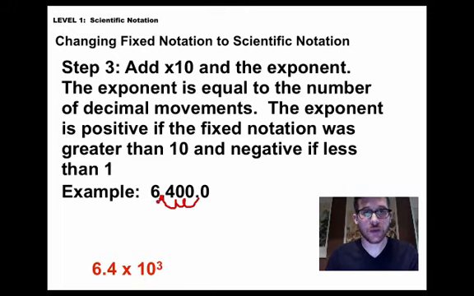Now if you paid attention to the beginning and you looked at that number 6,400, that's bigger than 10, right? So anytime the number is larger than 10, our exponent is going to be positive. So positive 3 in this case. If our number was less than 1, we're going to have a negative exponent. So that's one way of remembering whether your exponent is positive or negative.